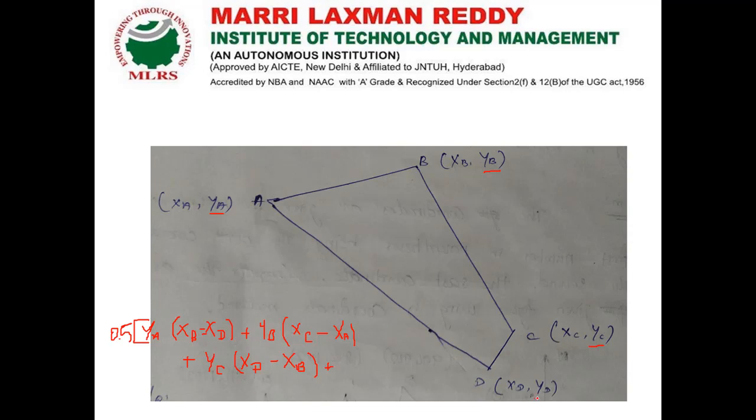Similarly, YD times the next, XA, minus the previous, XC. So this is the formula used to calculate the area using the coordinates method.